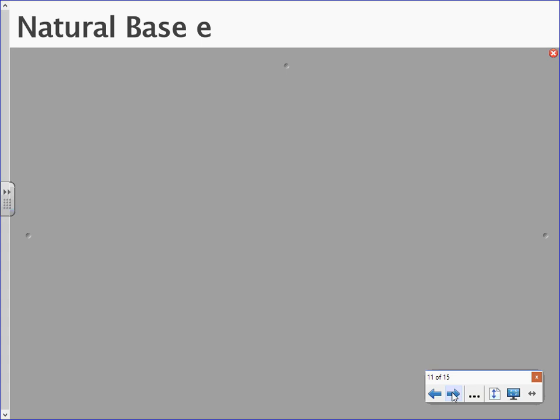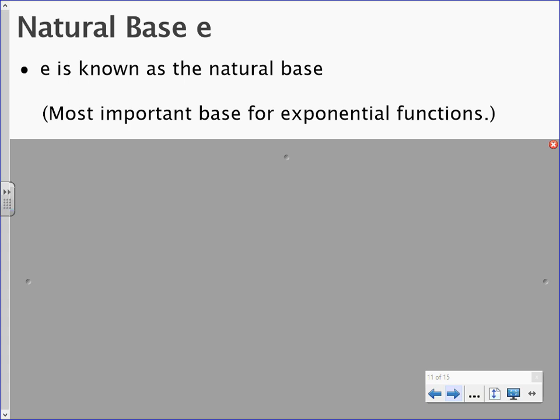All right, so the number e. It gets confusing, right? We have all these variables, and now here's a letter that's a number. We call it the natural base, and it is the most important base. Do you know why it's called e?